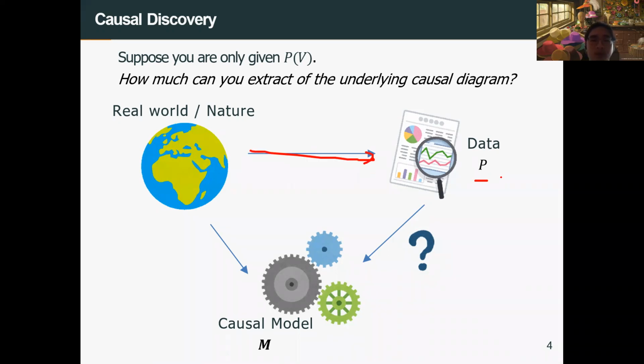But we also know that from this real world there's some truth that says this is how things work, and this is represented by our causal model. So the goal of causal discovery is how do you get from the data to that causal model? That's what we're going to be focusing on today.